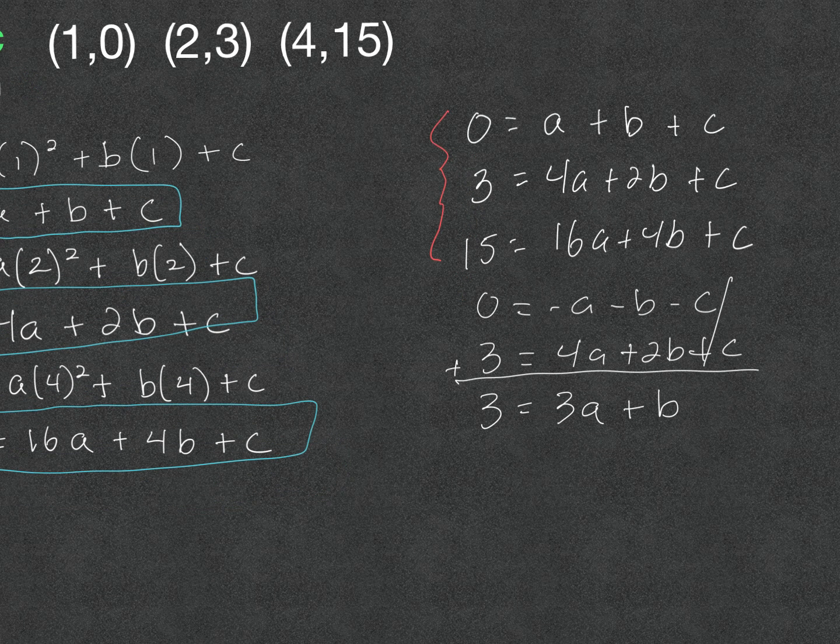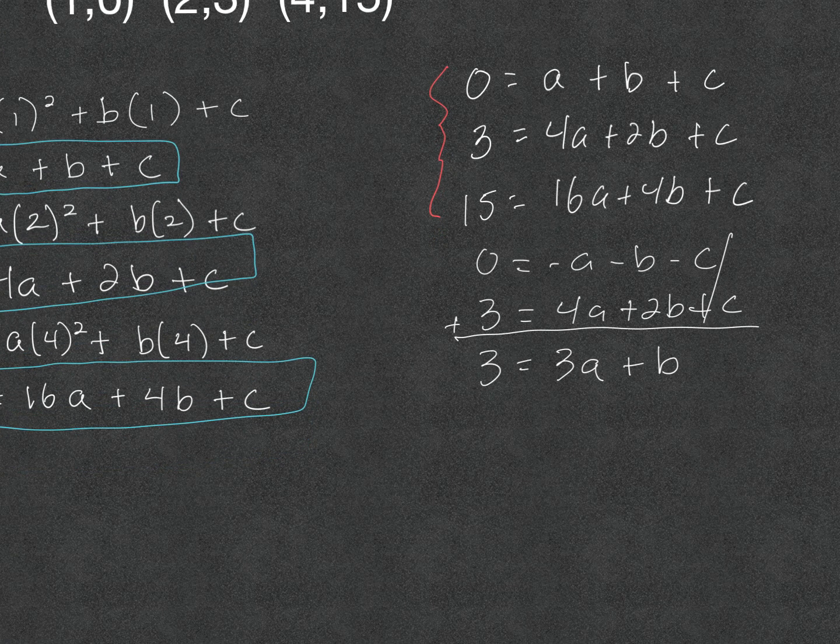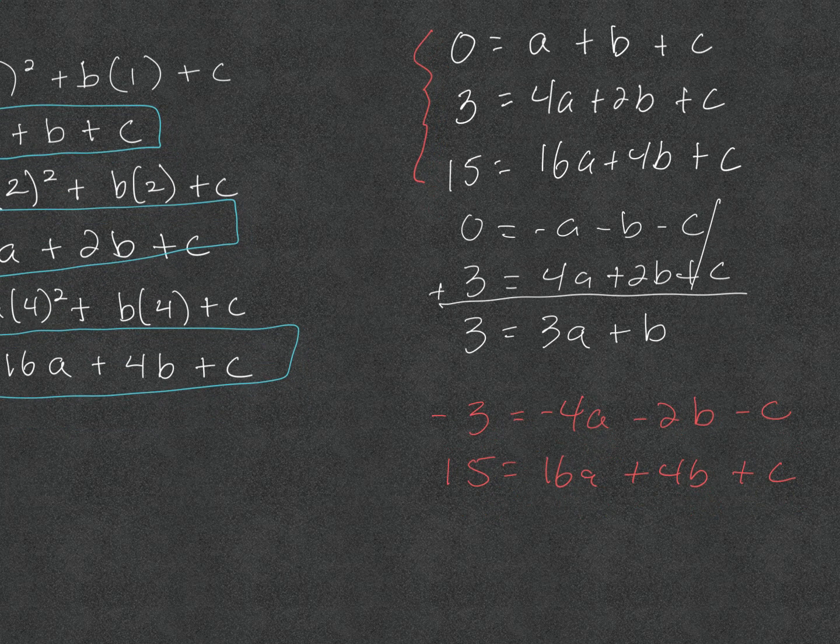Okay, now I'm going to take the next 2 equations and get rid of the same variable. The next 2 equations are going to be the second equation. I'm going to multiply that by a -1. 3 is equal to -4A minus 2B minus C. And I'm going to add that to the 15 is equal to 16A plus 4B plus C. The C's will cancel again.